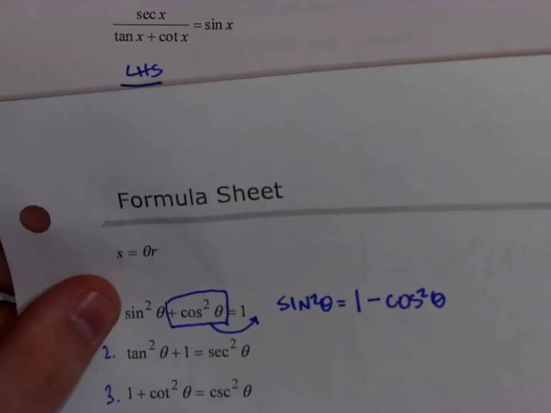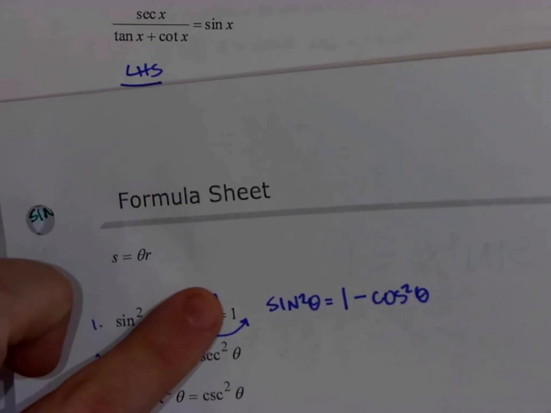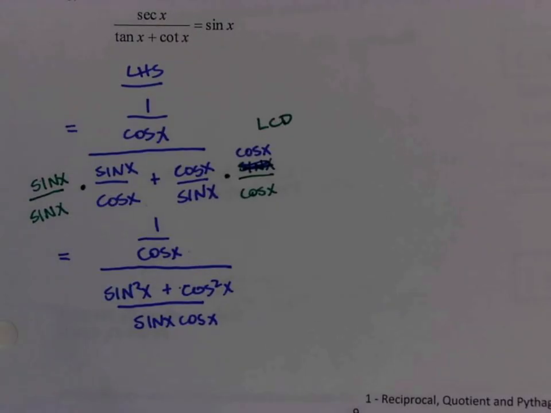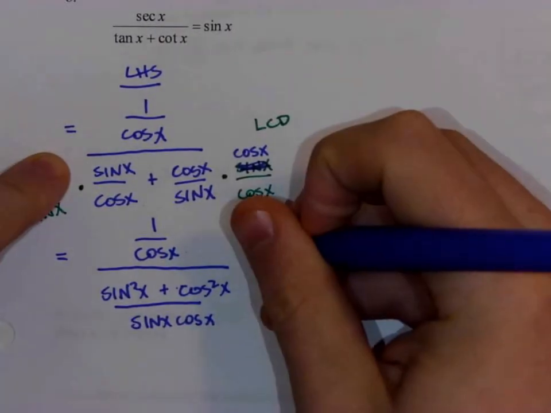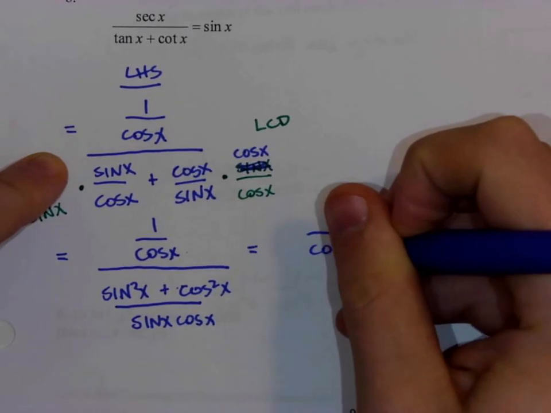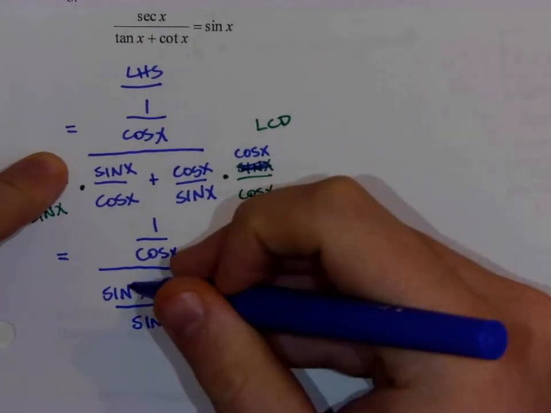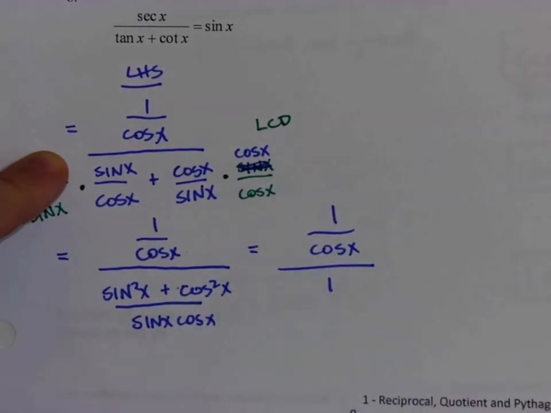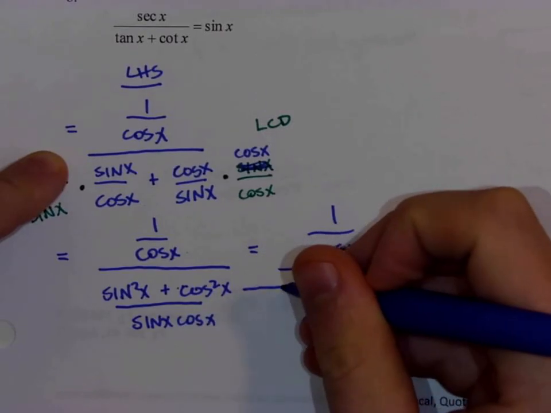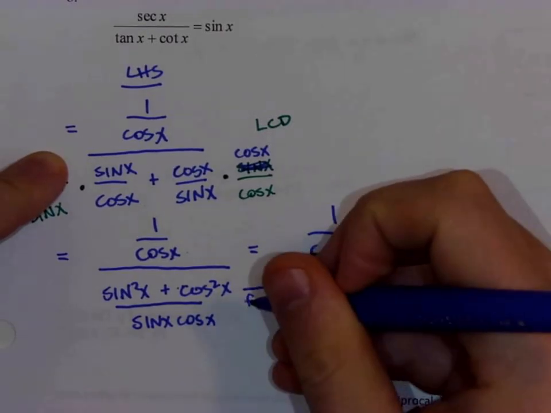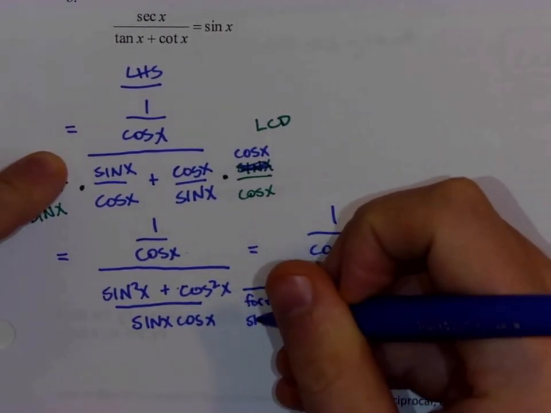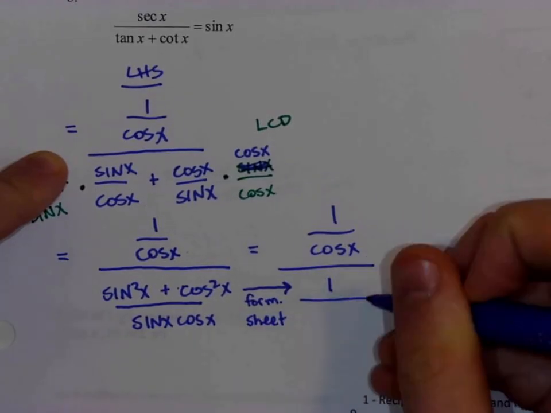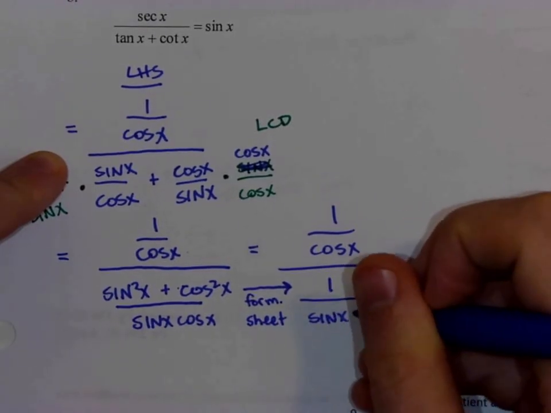Well, sine squared plus cos squared equals 1. So from our formula sheet, we'll keep the 1 over cos on top, but on the bottom, sine squared plus cos squared equals 1. And that is from the formula sheet. And that's all over sine cos.